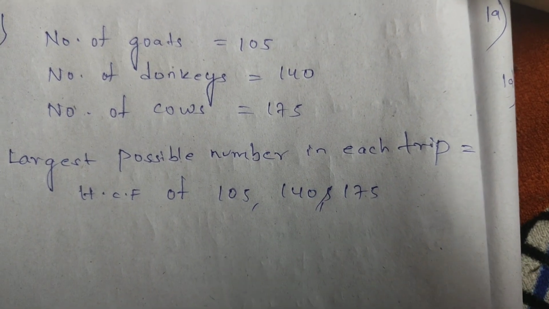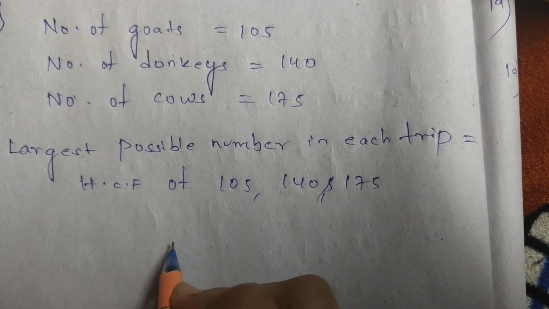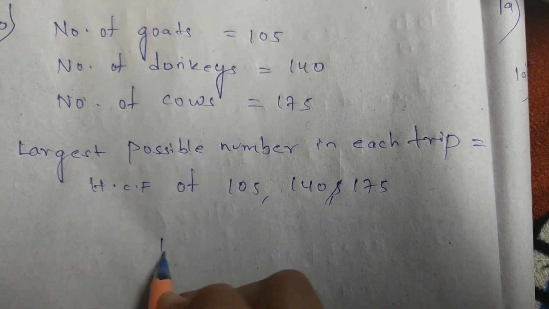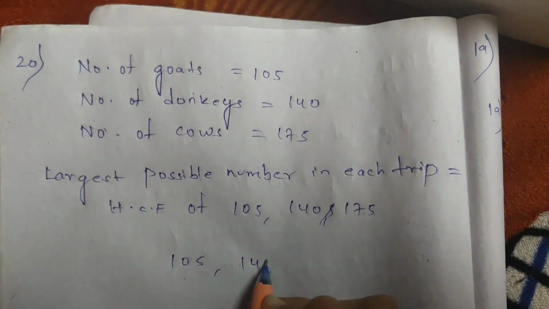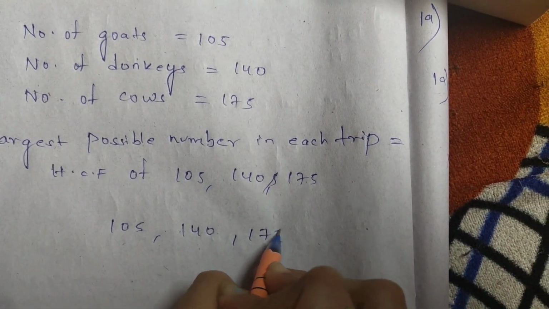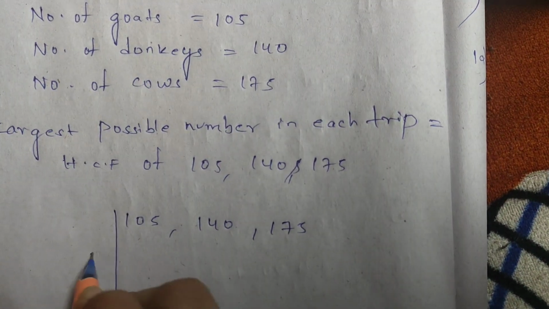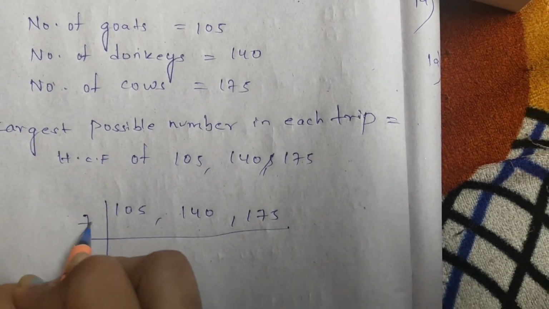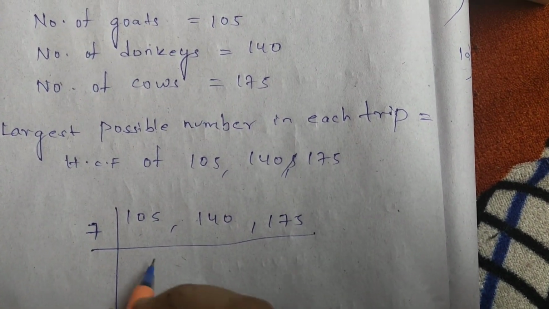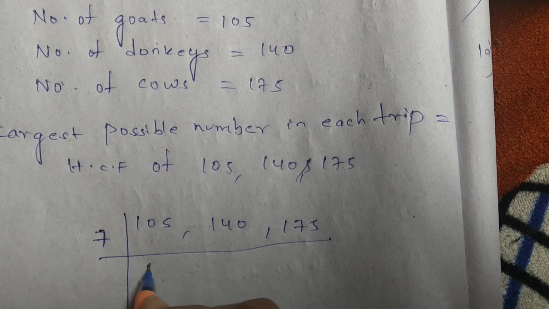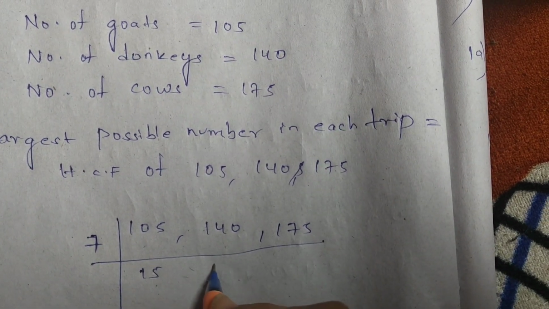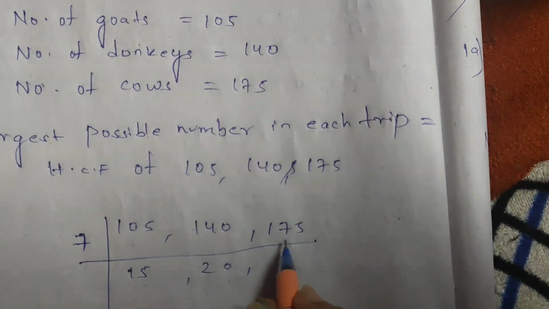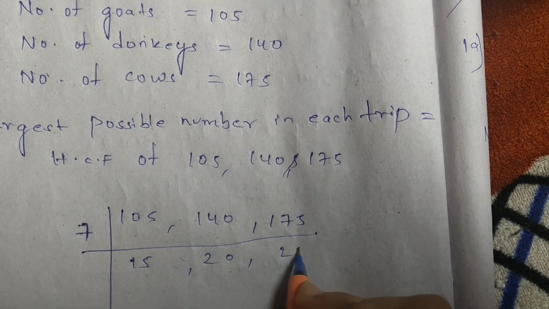Okay, so now let's find the HCF. 105, 140, 175. If we divide by 7, it will be 15, 20, and 175 gives 25.